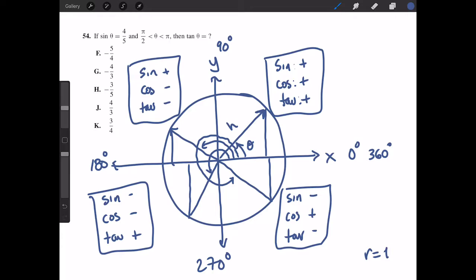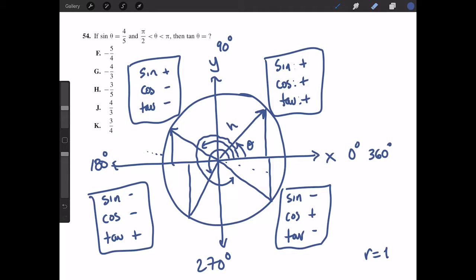So if I ask you what the sine of, say, 170 is, well, 170 would put you here in quadrant 2. If I ask you what the sine of 340 is, that would put you somewhere here in quadrant 4. And so that's how, based on the angle, you can determine if the trig function is going to be positive or negative.